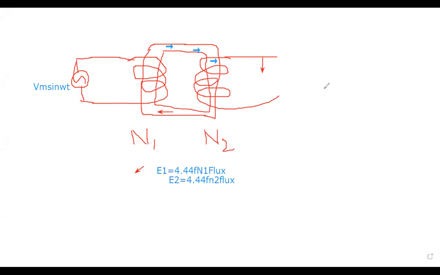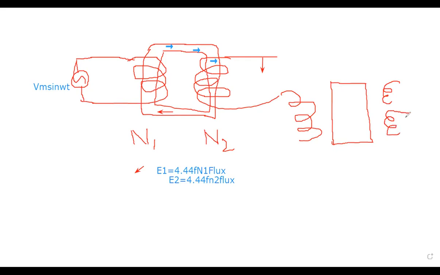Okay, so suppose we have one transformer core, with a primary winding, and the secondary winding is divided into two parts with an equal number of turns.